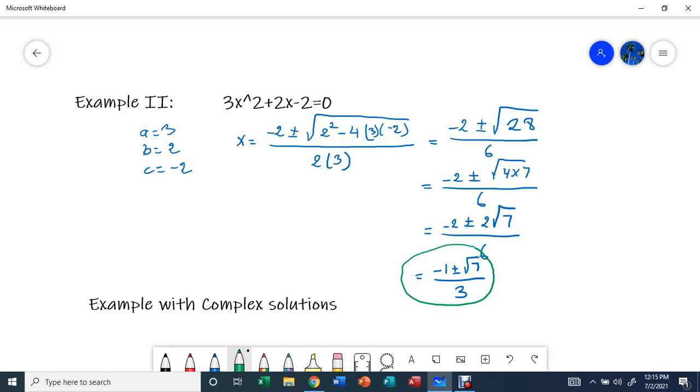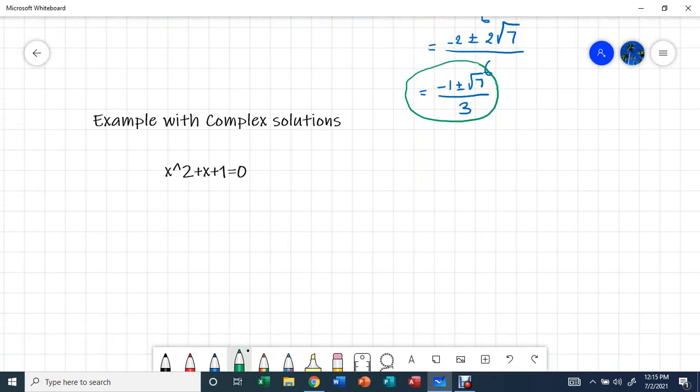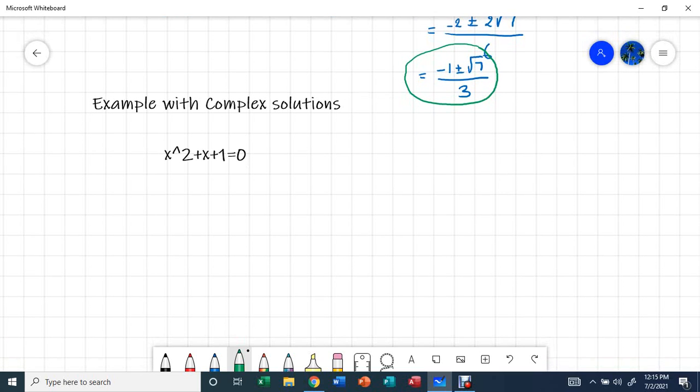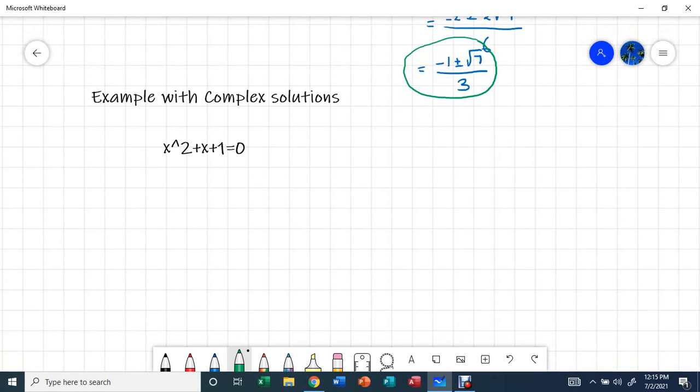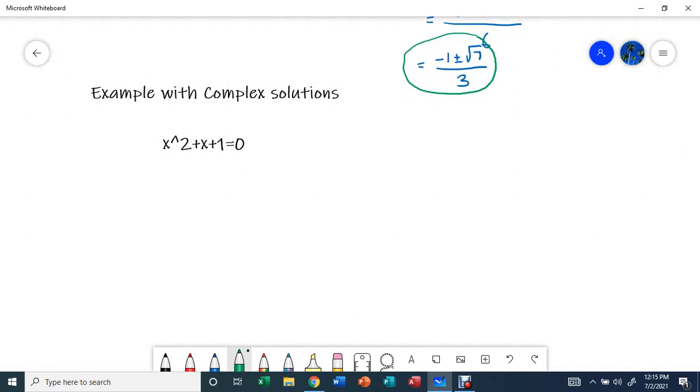So let's do just an easy example here with complex numbers, just to have some idea of how to solve an equation in C, which is the set of complex numbers.